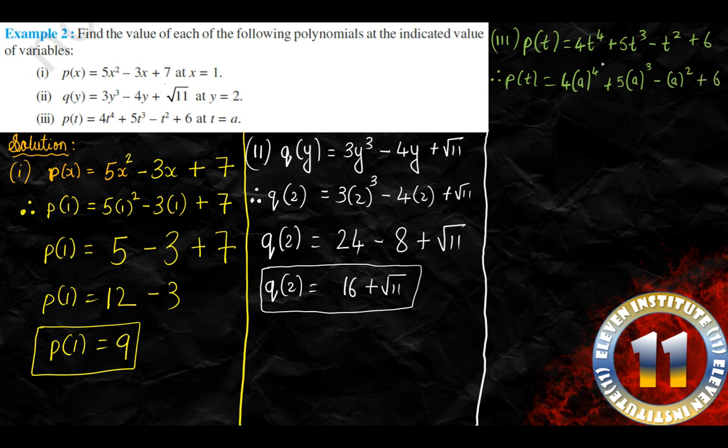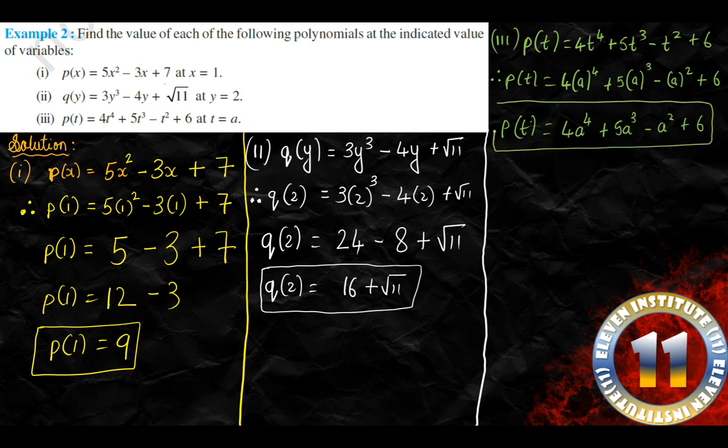So you have to take care that whenever you substitute the value you put a bracket over here. Now we will just remove the bracket and write the value over here. So p of t will become 4a raised to 4 plus 5a cube minus a square plus 6. Now you cannot solve it further because these all are unlike terms. So this is the answer of p of a.